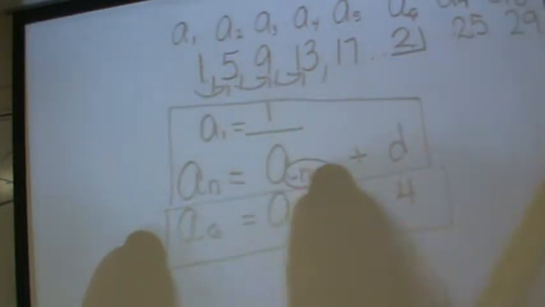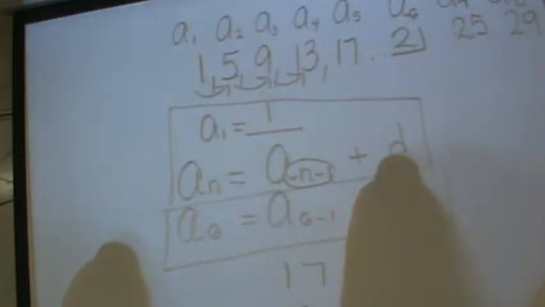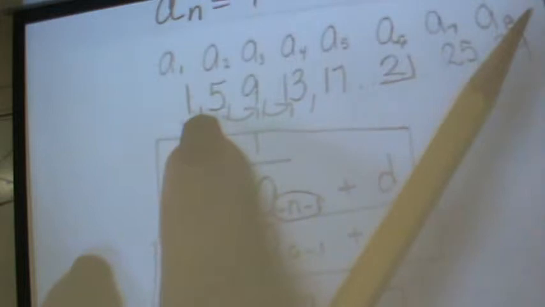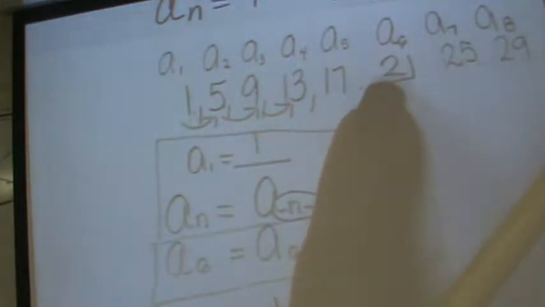So when you see this on a test, you need to interpret this. It's all interpretation. Can you interpret this? When I threw 1, 5, 9, 13, 17 at you and said find the next term, you all knew to add 4.